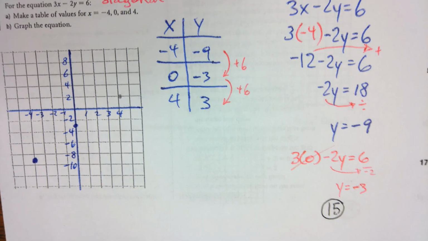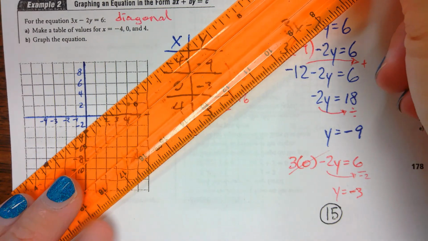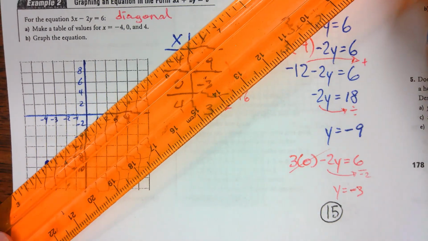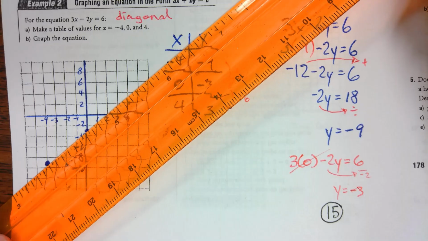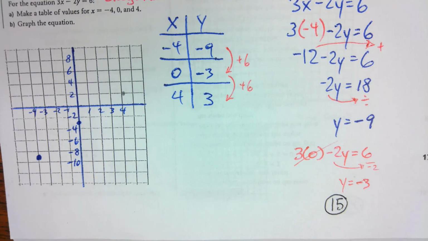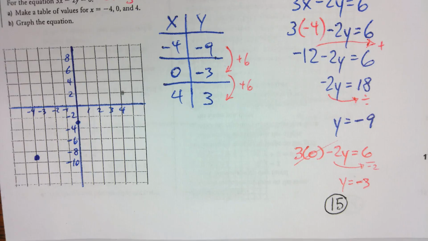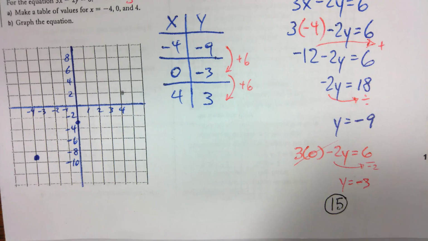I need a better ruler. This one. Still doesn't show very well. Alright, when I connect the dots, how come my dots don't line up? One of the dots is not lining up. So here.